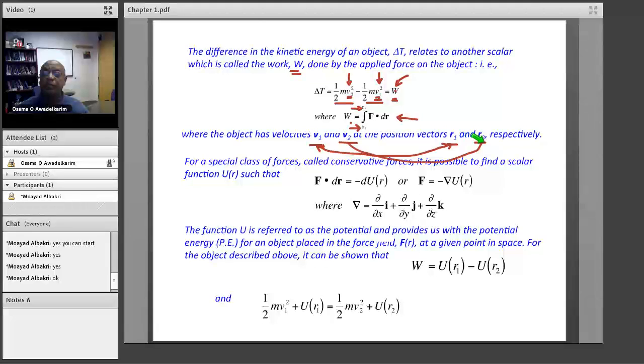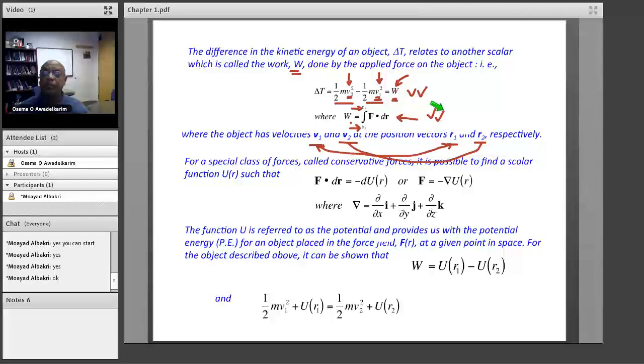And this change in velocity and in position is produced by a force F. So the change in kinetic energy of the object as it goes from position 1 to position 2 is equal to the work done by the force. Okay? So this is a very important relationship. And quantum mechanics is all about energy. So we have to remember these definitions of energy in classical mechanics, and later on we will see how we discuss energy when we talk about quantum mechanics.